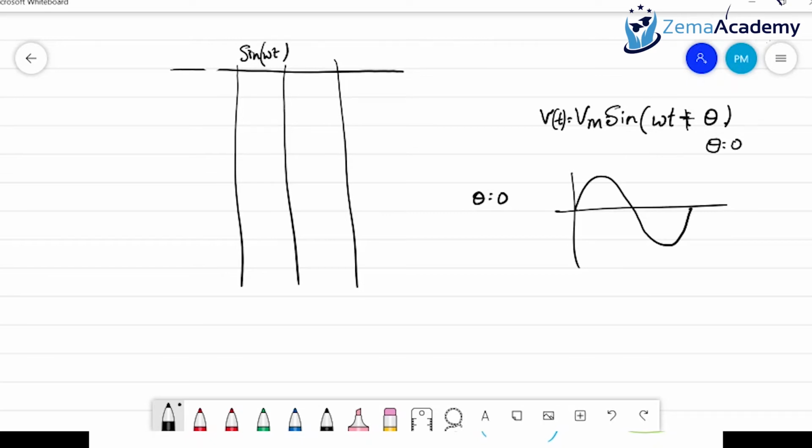Sine omega t takes values at 0 degrees for omega t. So when omega t is 0, sine omega t is 0.